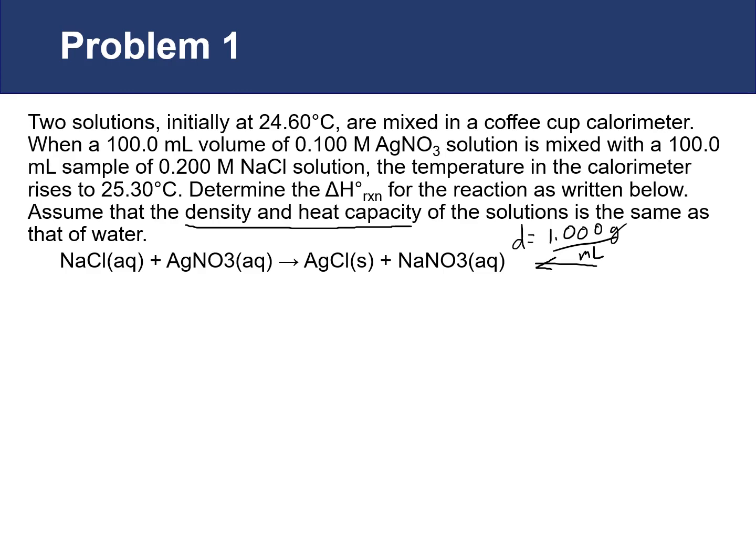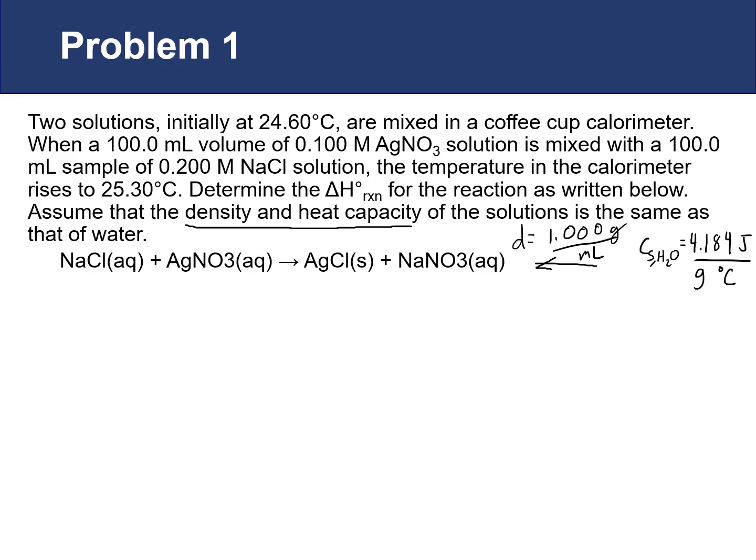The heat capacity, C sub S for water, is 4.184 joules per gram degree Celsius. That is something that would either be provided, well, on an exam, it would be provided. In a homework question, you might have to look it up.